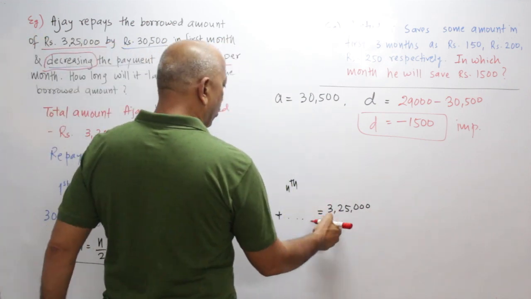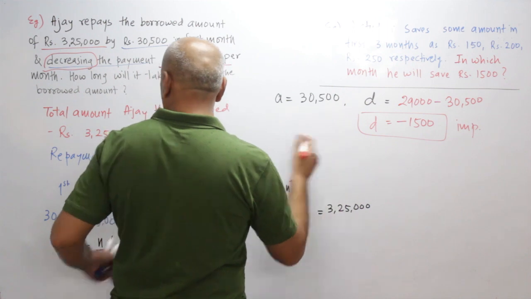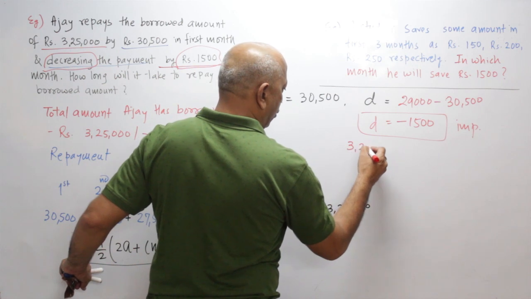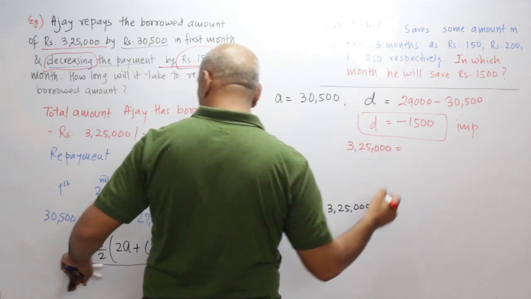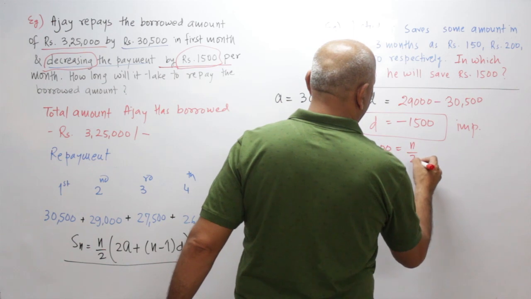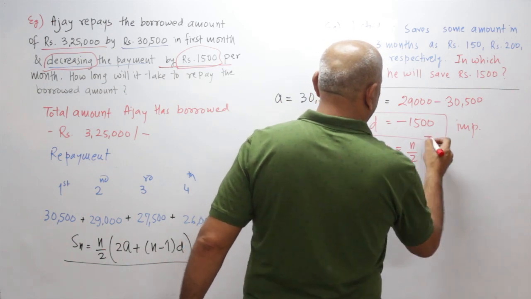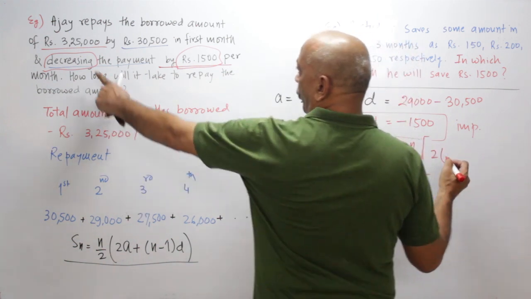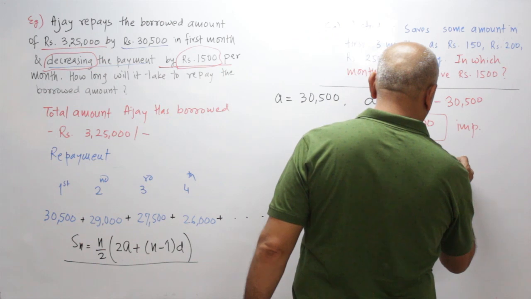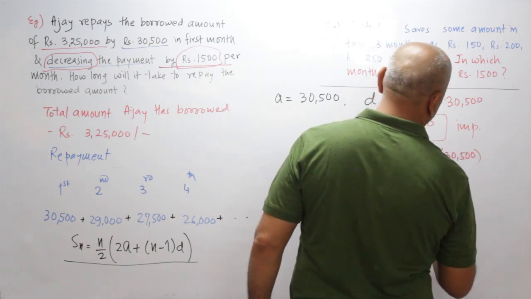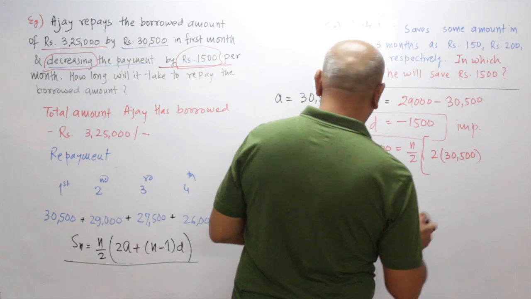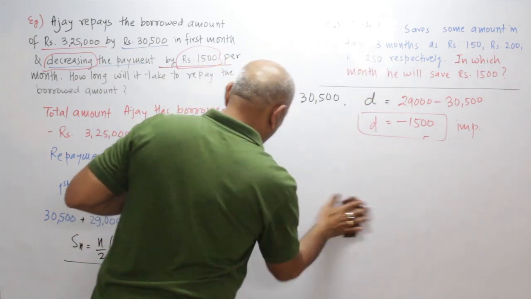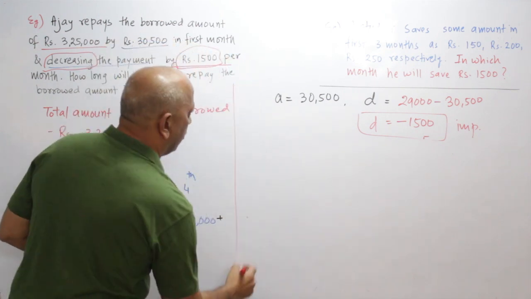So the total Sn is how much? 3,25,000. That is equal to n by 2 into bracket 2 times A. A is how much? First term. First term is 30,500. See, I write on left side so that I can write it down this way.